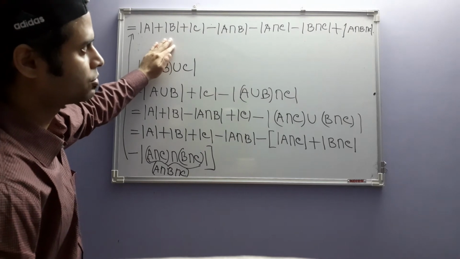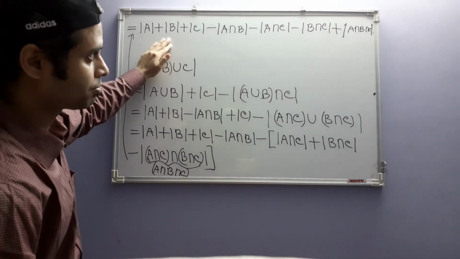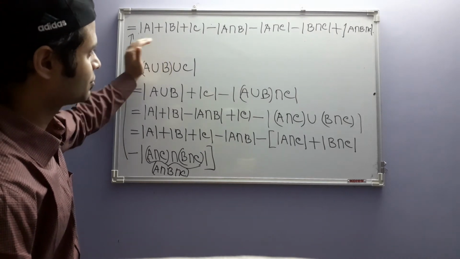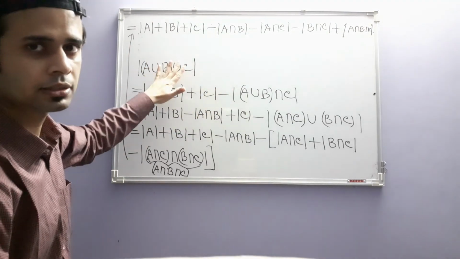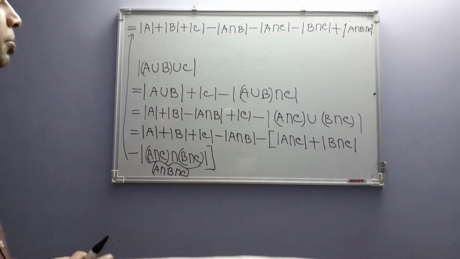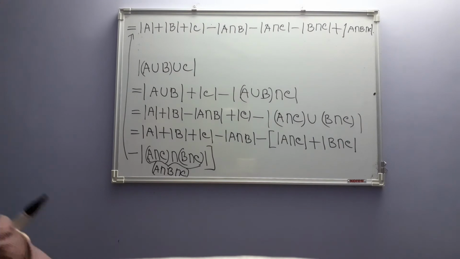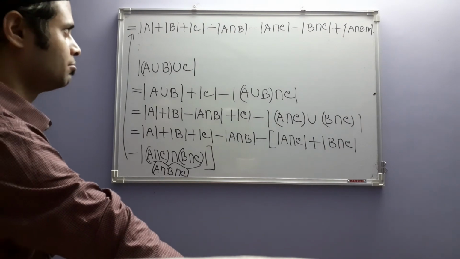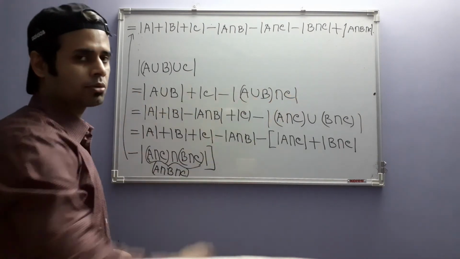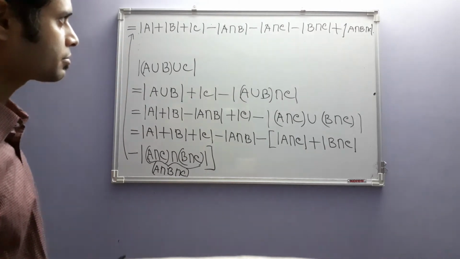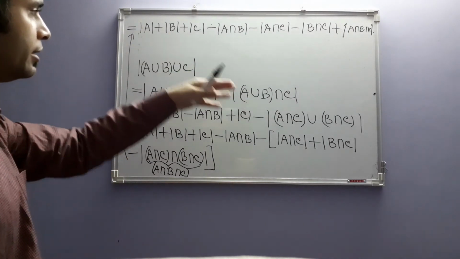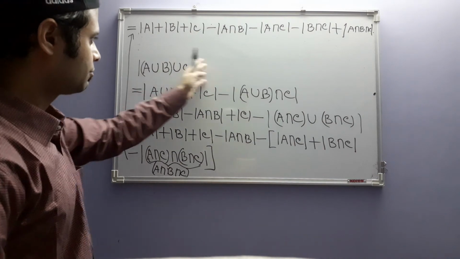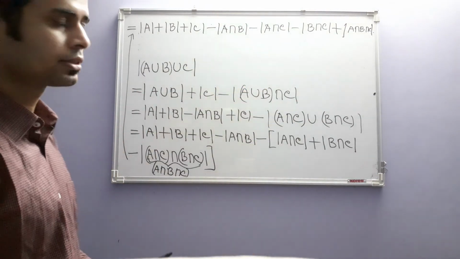I haven't seen a problem which involves 4 sets in this situation. There may be some, but if we come across some problem, we have to extend this formula to 4 sets. Although if you can see the pattern, you can write the formula for any number of sets.